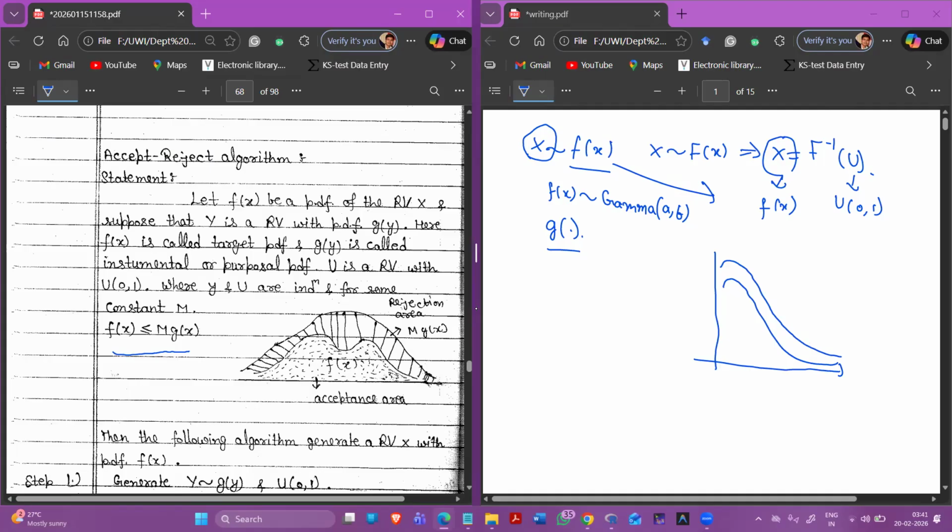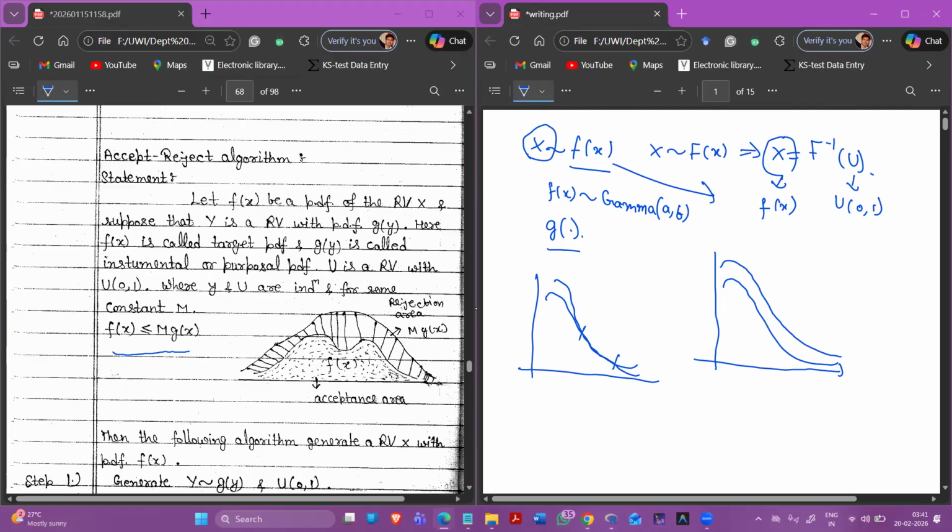If I have the gamma density function like this, and my proposal or instrumental density is overlapping in the beginning but later is not covering it properly, from here to here they are equal and after that it goes below, so it does not overlap. It may be possible when you have such a density function.